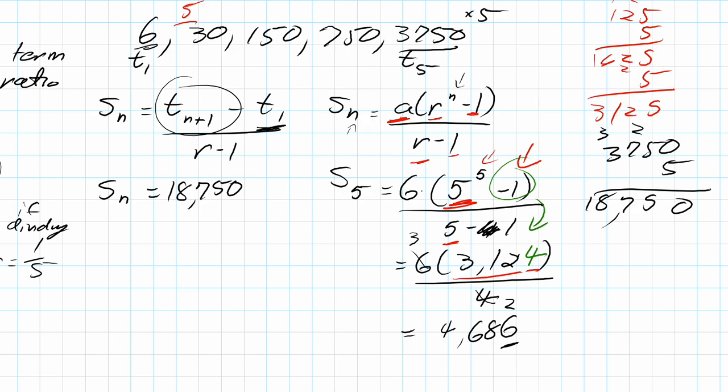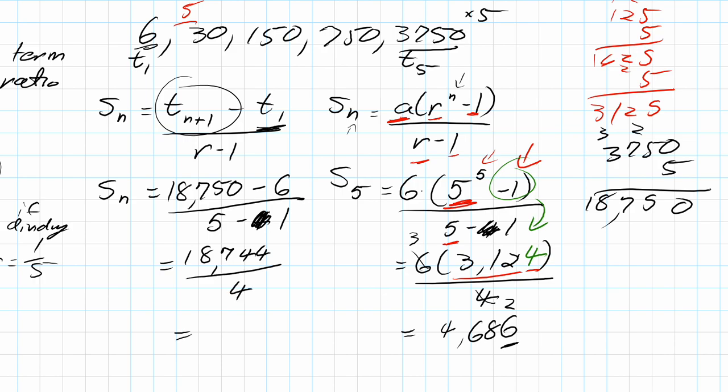We're going to subtract by our first term, which is 6. And we're going to divide by 5 minus 1. So 18,744. I always write a 4 in. I mean to subtract by 1. That's just my answer is 4. And then I do some division. It's going to be, yeah, it's the same thing. 4686. Yeah. All right. So we've done it correctly.